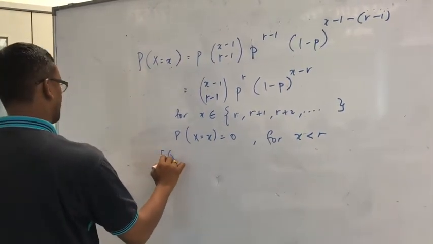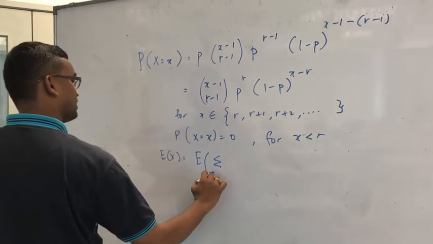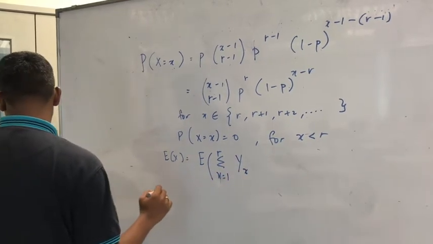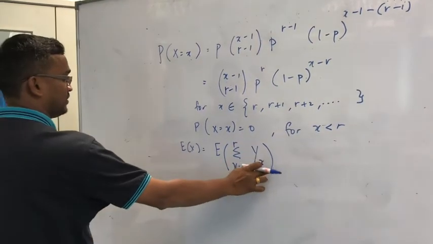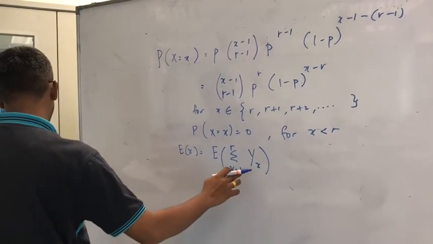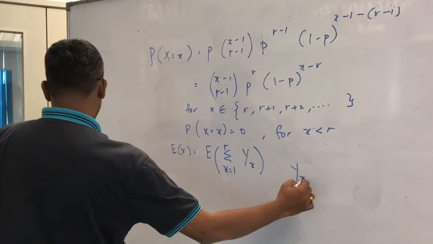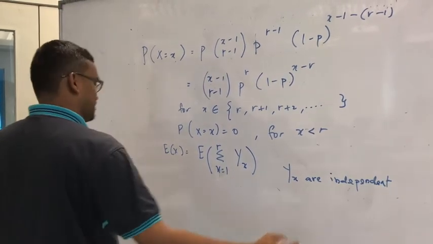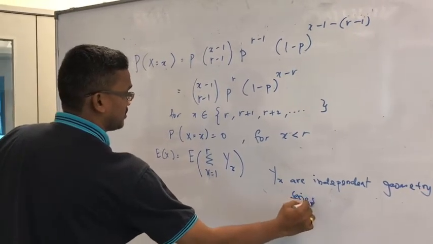Now let's look into the expected value, where E(X) is the summation of Y_i from i equals 1 to r, where Y_i equals X. Okay, we have to wait for the first success, and then the second success, and then the third success, and so on, where the Y_i are independent geometric series.